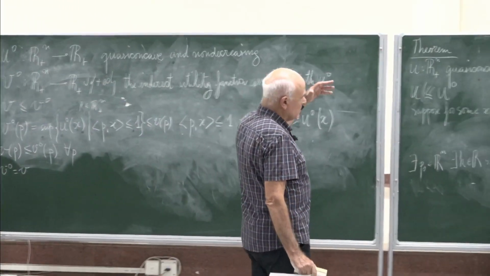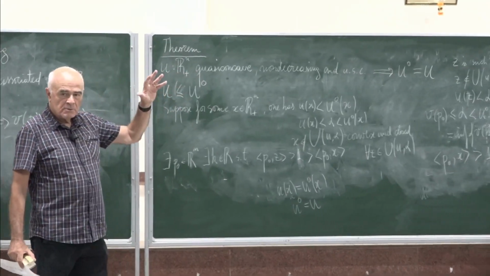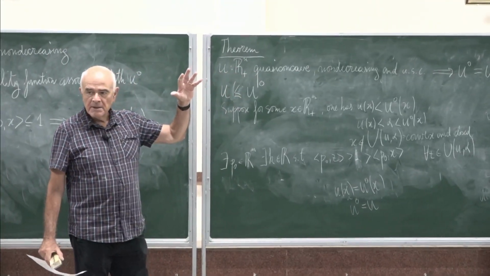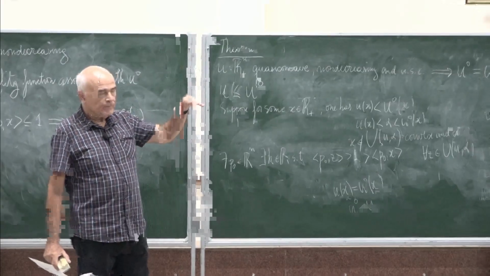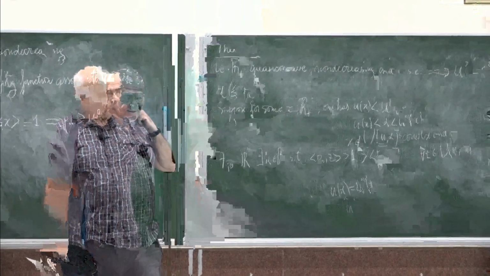But I don't have a bijection as I had in the producer theory. These assumptions are stronger than needed.